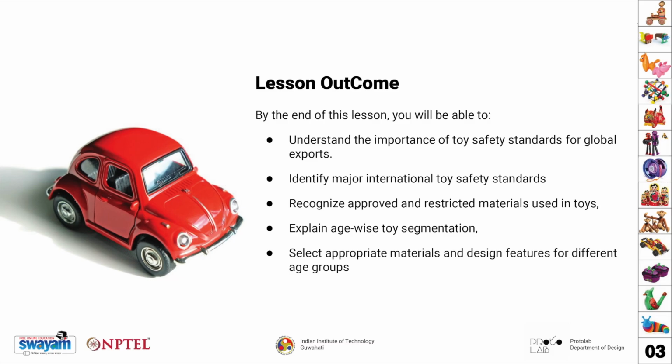Also, select appropriate materials and design features for different age groups, ensuring toys are safe, functional, and suitable for the intended users. Let's first start by understanding the topic importance of toy safety for export.